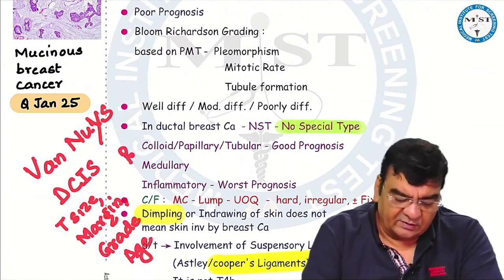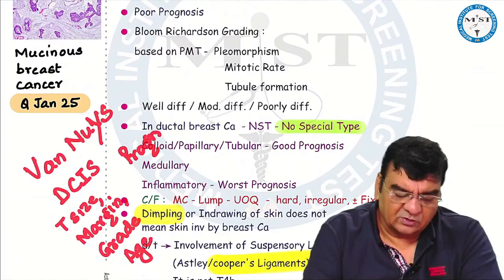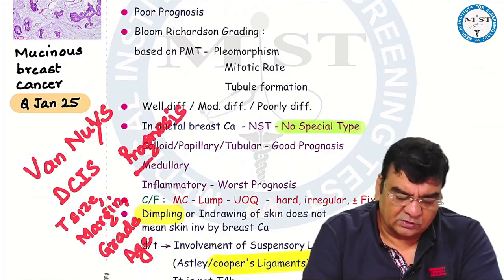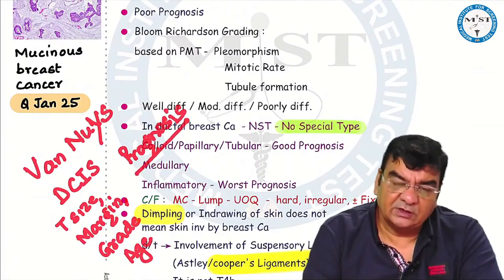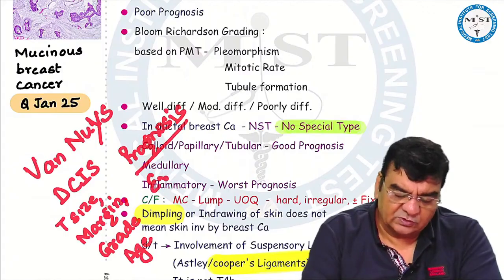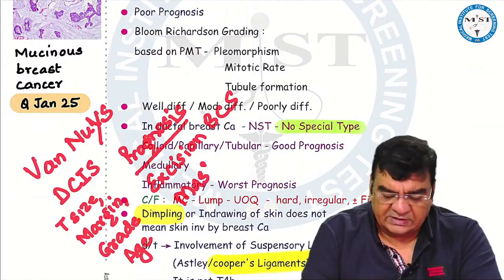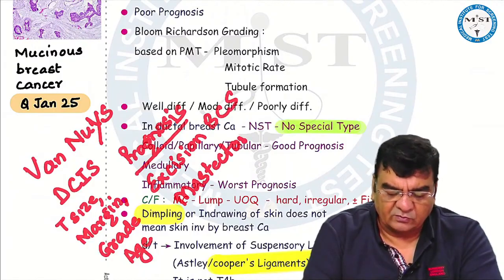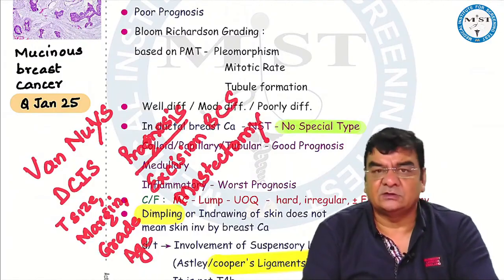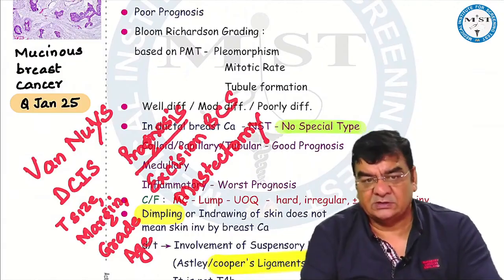This is basically for prognosis of ductal carcinoma in situ, and it also helps the surgeon in deciding whether he has to just do excision, that is breast conservative surgery, or he has to do a mastectomy. So that is the use of Van Nuys classification for ductal carcinoma in situ.